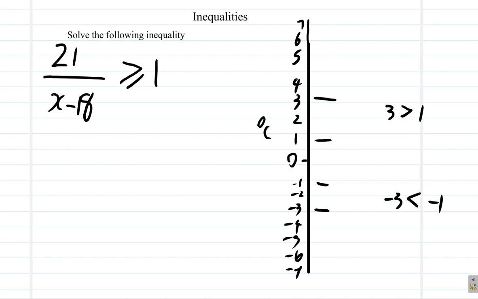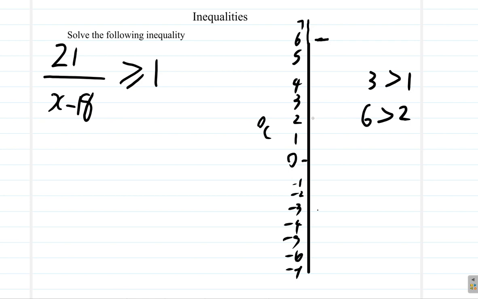All right? Now, you might also consider this. Suppose you had 3 degrees Celsius is greater than 1 degree Celsius. If you multiply both sides by 2, you're going to have 6 is greater than 2, because 6 is up here, 2 is down here. 6 is higher than 2.